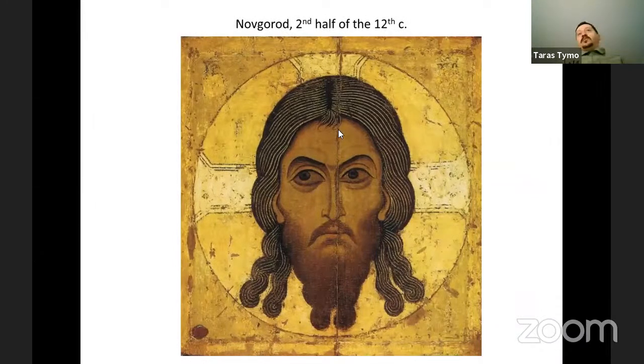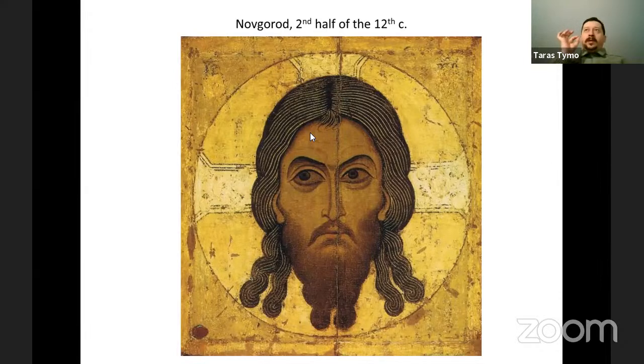And when I showed you the Mandylion veil, I said pay attention to this little hair. You can see it on many representations of Jesus on these icons. Artistically speaking, it's not something artificially designed by an artist.